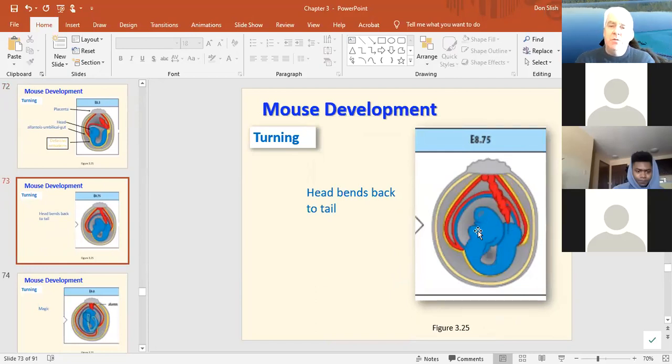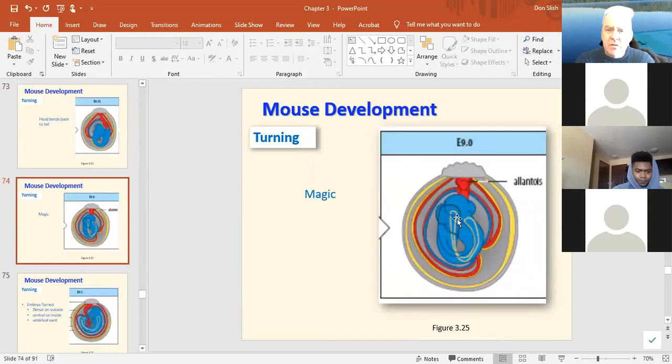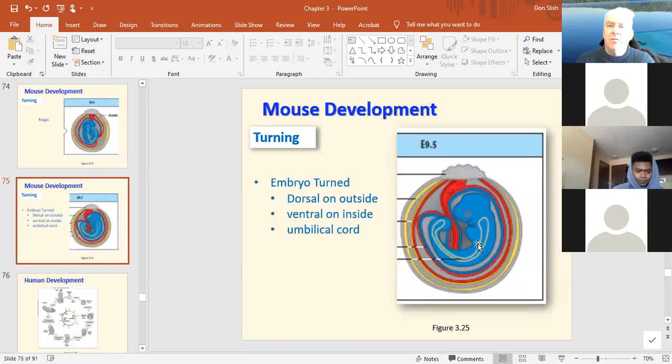And then the tail moves past the head. And then the whole thing flips. So what happened between the last slide and this one? It kind of escapes me visually. I can't really explain it very well because I'm not sure. What you really need to know is that it does happen. Okay, the head and tail come together and the thing flips.